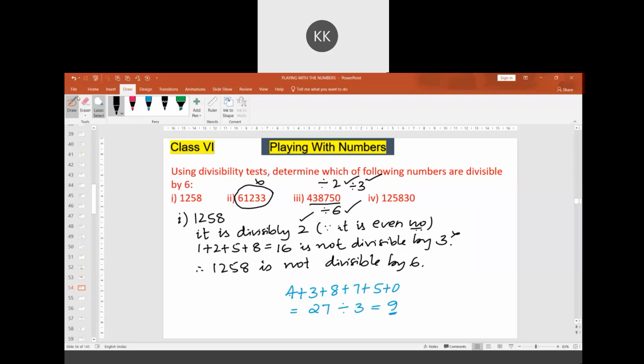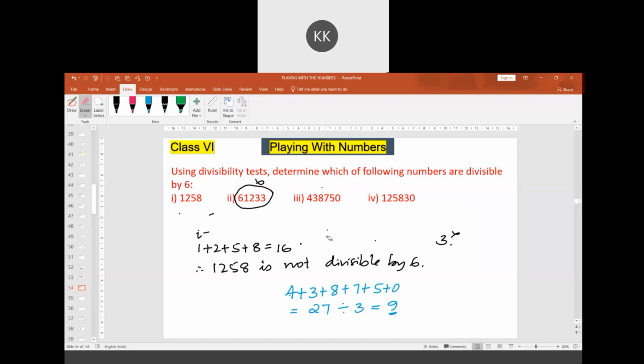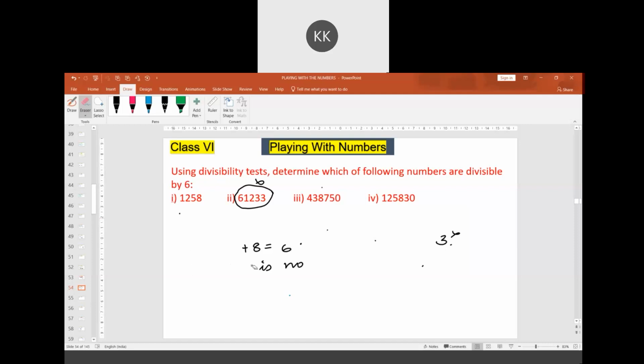Yes, let's look at the last one. For that, I'm going to write it here. Last one we have 125830. Since the number is ending with 0, we can say that the number is divisible by 2. Now we need to check whether it is divisible by 3 also.